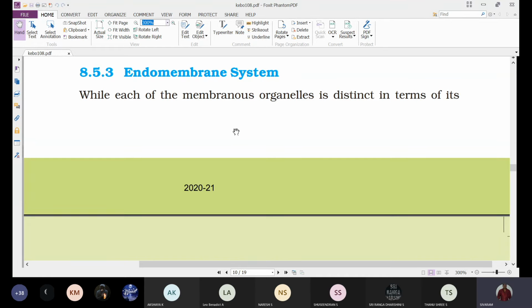And next, the endomembrane system. We already said certain membrane bound structures are present within the cell.